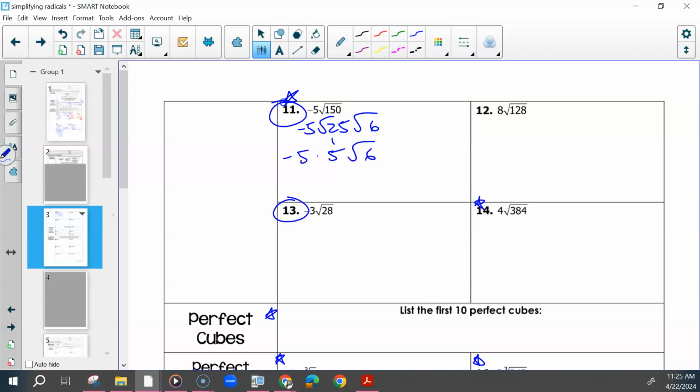So our final answer would be negative 5 times the square root of 6, or negative 5 root 6. Either way. Questions on that one? You get negative 5. That was already there. I do get 5, the square root of 25 is 5.